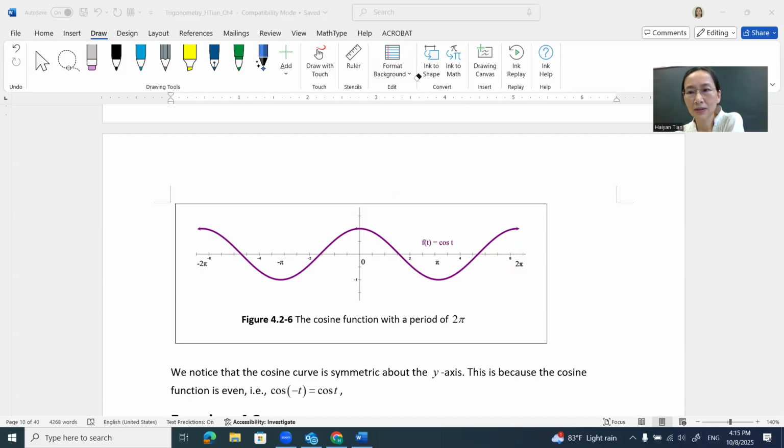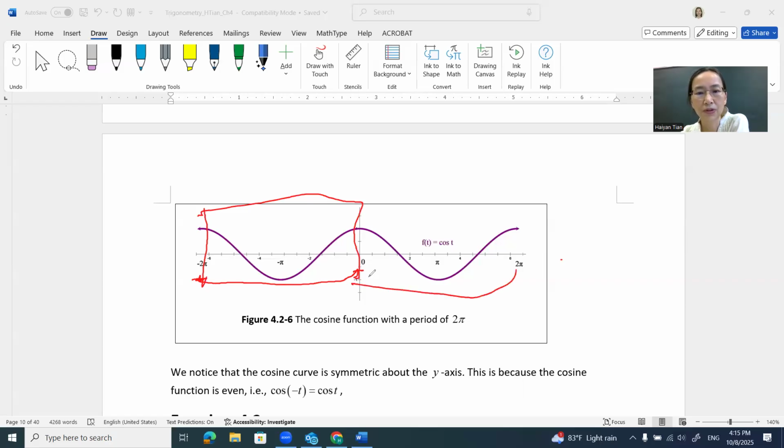So here is the general feature of the cosine curve. So if we look at from -2 pi to 0, that's another interval with the length. So then that's another period, right? So we see 2 periods from -2 pi to +2 pi.